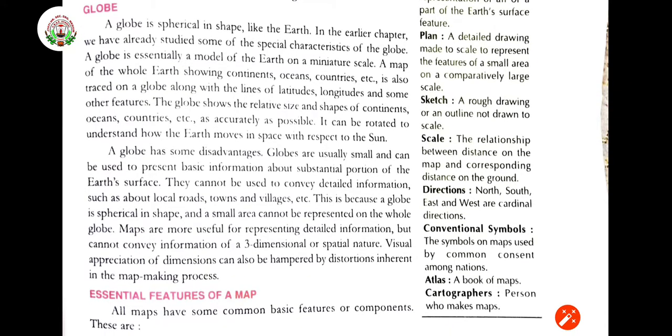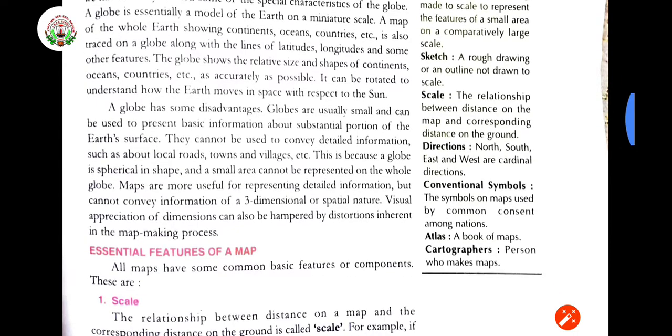They cannot be used to convey detailed information, definitely, because we are looking from space, na? So it is not going to tell the accurate or exact places or the detailed information about local roads, towns, villages, etc. This is because a globe is spherical in shape, right?